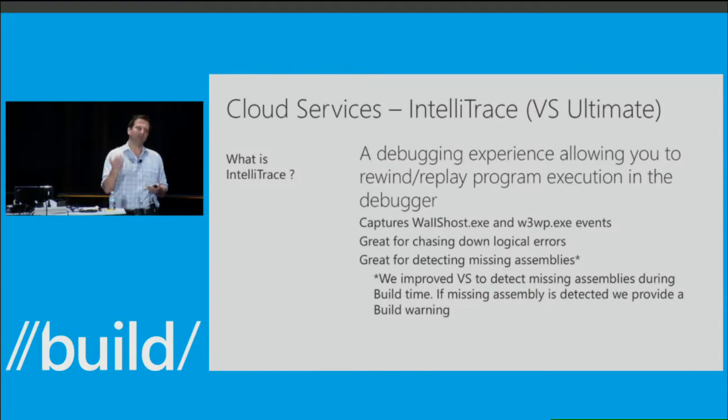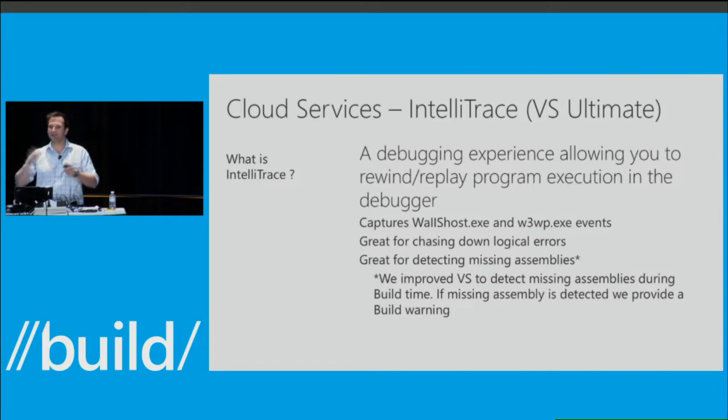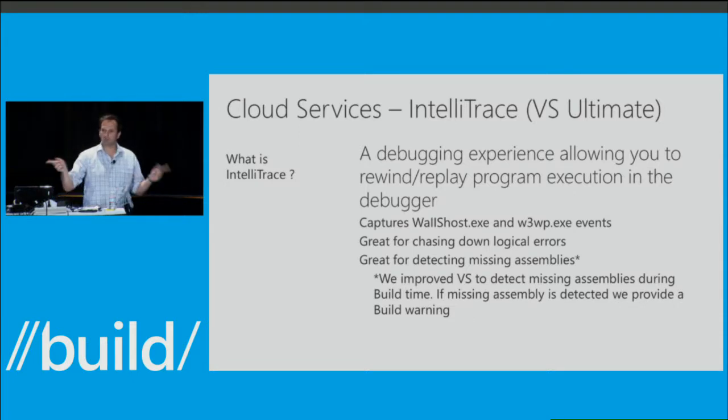You can download the IntelliTrace log and basically start debugging it. It's historical debugging. It's really great. And the good thing about it is all the stuff I just told you about, WaIISHost.exe, those two different processes, right, in the w3wp in a web role, it also captures both processes. There is nothing that you need to set up for it. Okay?